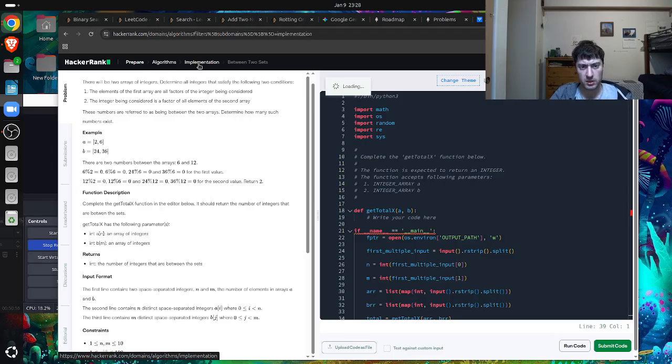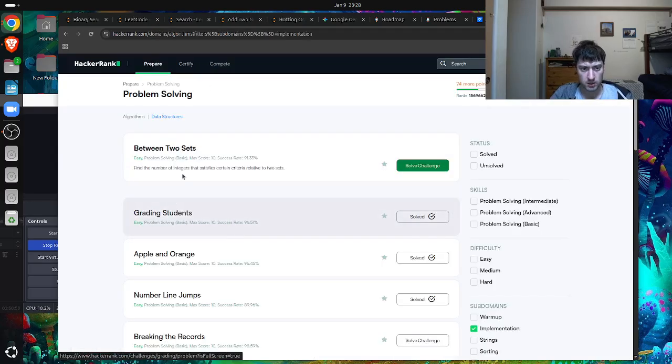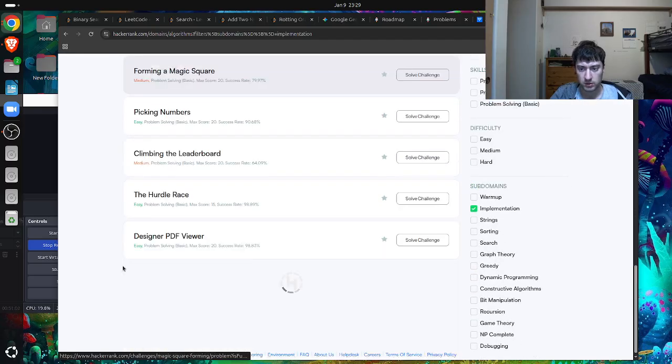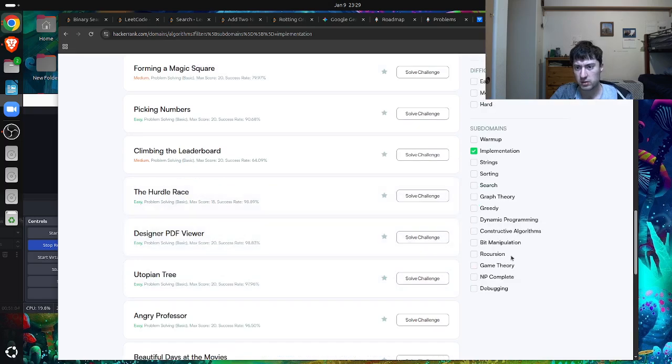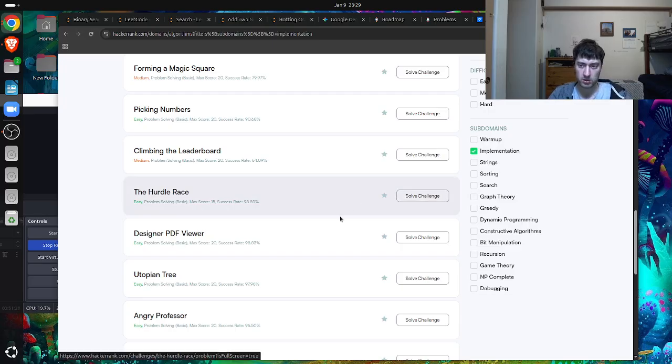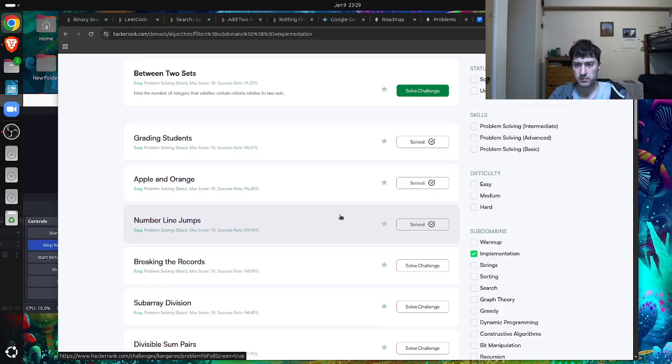Okay, so I'm going to come here, and between two sets, do I have the ones that I've solved? So what is here: debugging, NP problems, recursion, bit manipulation, constructive arrays, dynamic programming, greedy, graph theory, search, sorting, strings. So this one here is in implementation, okay?